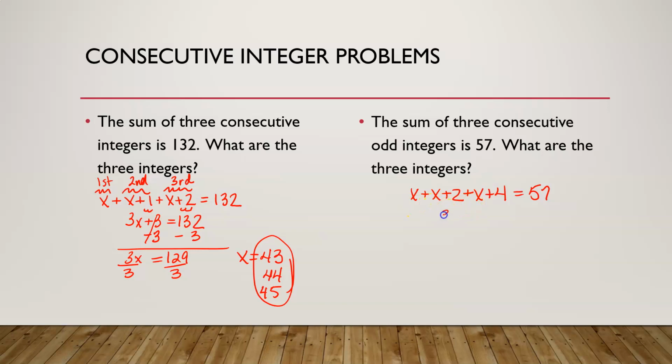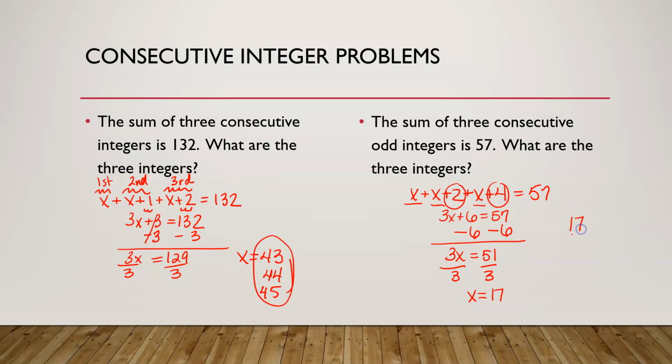1, 2, 3 x's plus 6 equals 57. I'm going to subtract 6. So I have 3x equals 51. When I divide by 3, my first integer is 17.